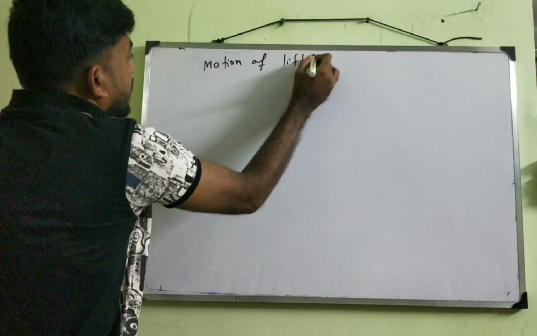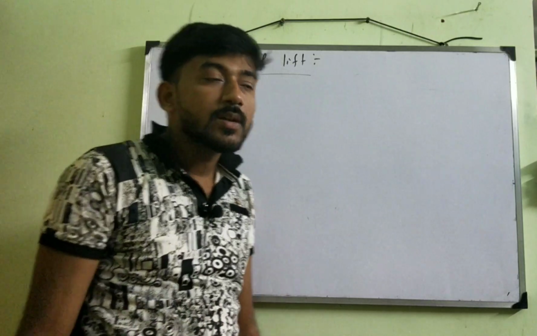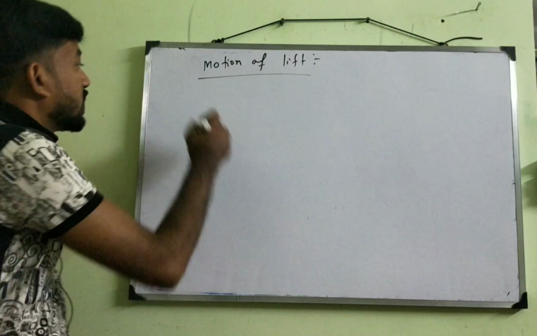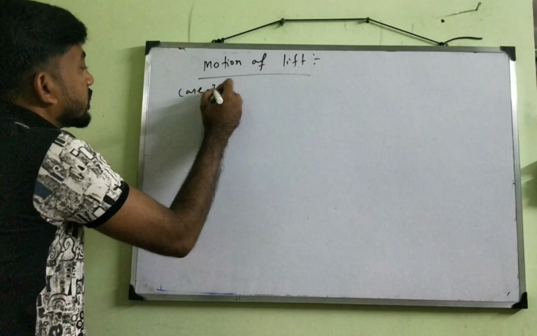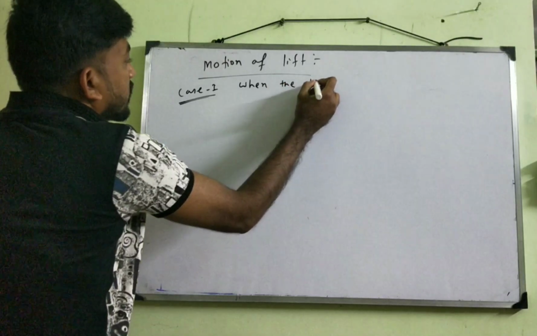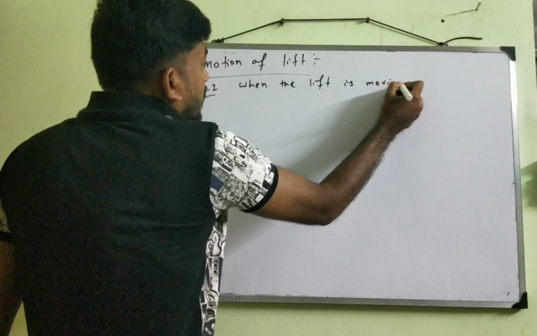And there are various cases when the lift is moving upwards or moving downwards, sometimes with an acceleration g, sometimes with an acceleration greater than g, etc. So here our case 1 is when the lift is moving upwards.